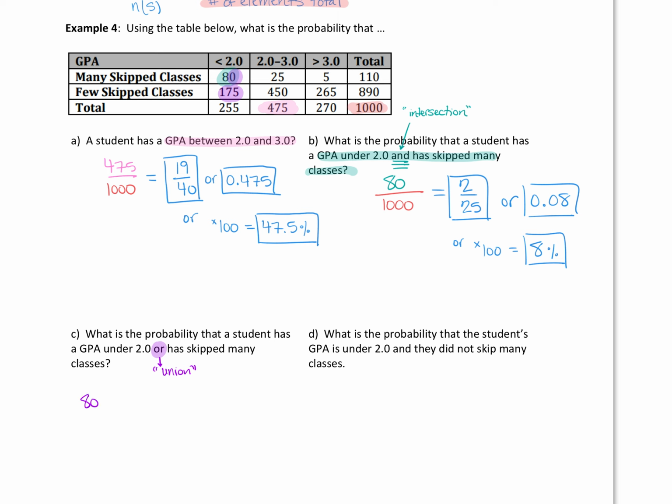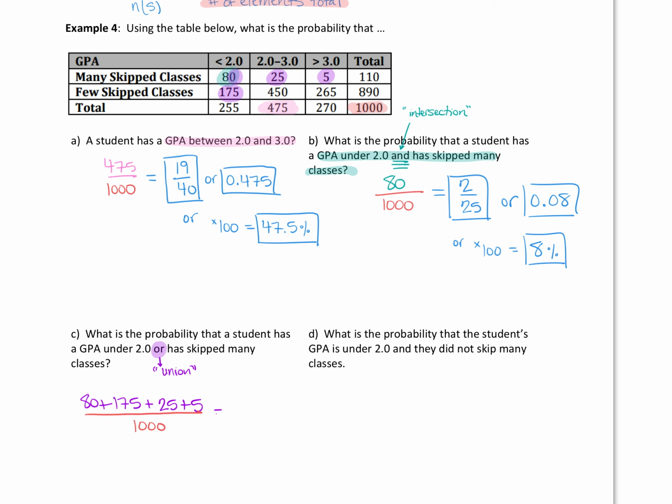So we want to take both the 80 and the 175. And then skipped many classes, there is the 25 and the 5. So the 25 and the 5. And that is still out of our total, which is 1,000.